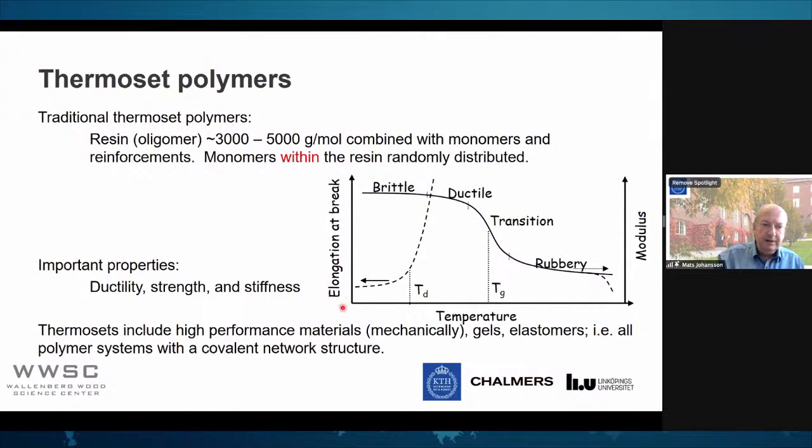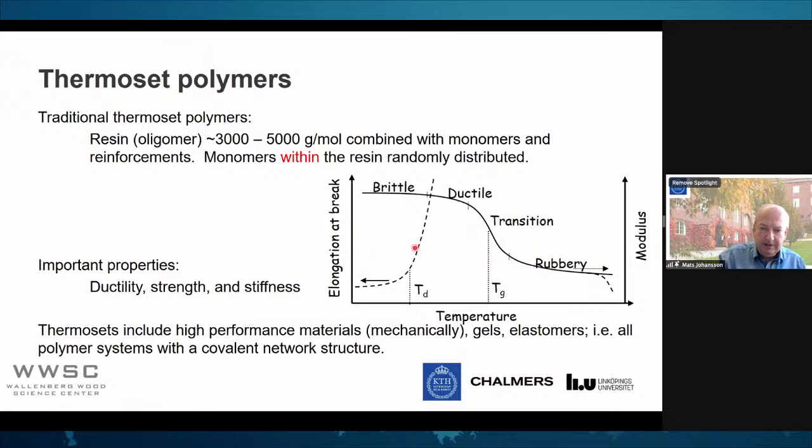But you also have other properties, and one that is very important for thermosets is the elongation at break. How ductile is the material? Is it brittle, so it will fracture at a very small deformation, or will it exhibit ductility, meaning that you can actually stretch it without breaking it? And this ductile-brittle transition that you have for thermoset polymers is not the same as the glass transition temperature.